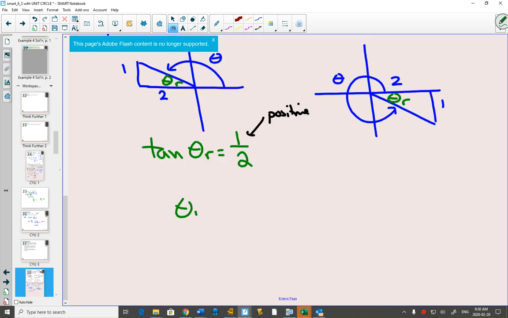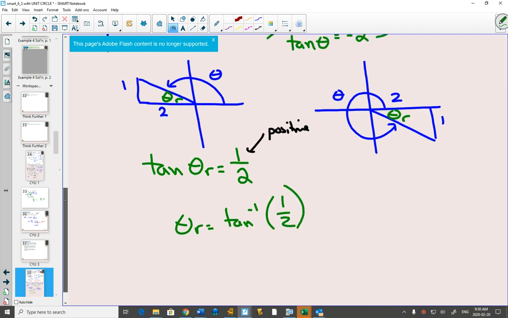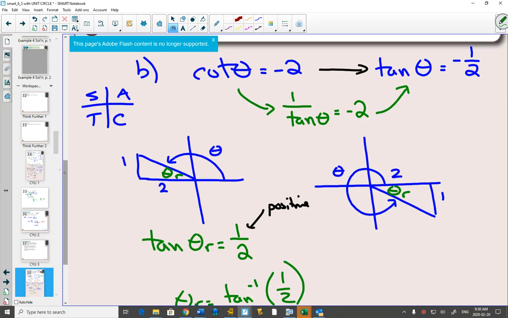And my actual reference angle then will be tan inverse of 1 over 2. So again, when dealing with reference angles, we always deal with positive values because we're dealing with actual triangles with actual lengths. This is a big mistake in this question for students because they start off with tan theta equals negative 1/2, and they want to just do tan inverse of negative 1/2 right away. But we have to do the positive values to find out that actual angle in there.